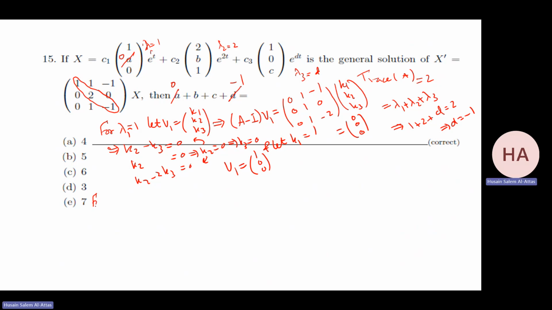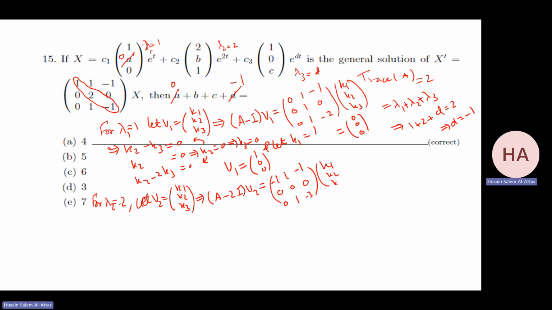Now for lambda 2, which is 2, let V2 be K1, K2, K3. I have A minus 2I times V2, which is the matrix minus 1, 1, minus 1; 0, 0, 0; 0, 1, minus 3, times K1, K2, K3, equals 0, 0, 0.